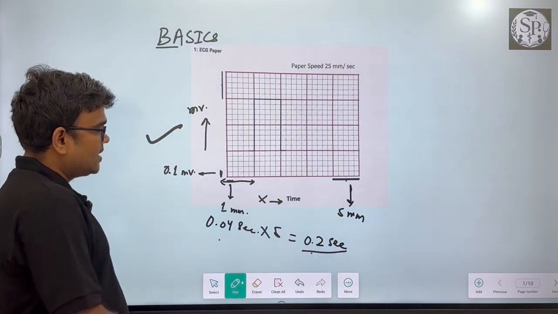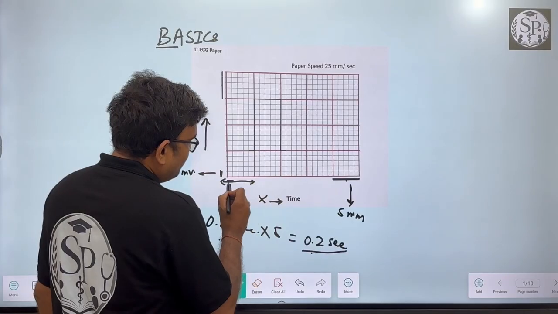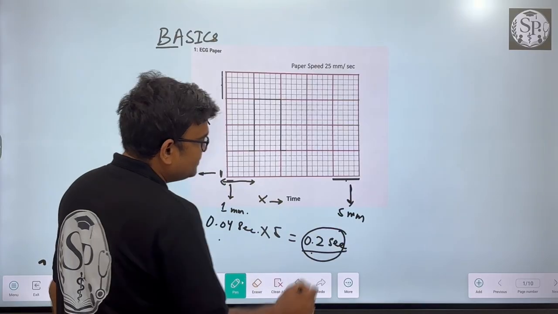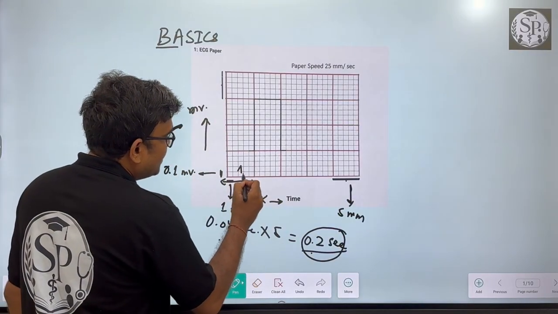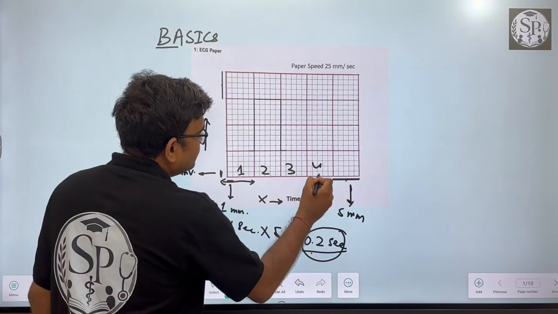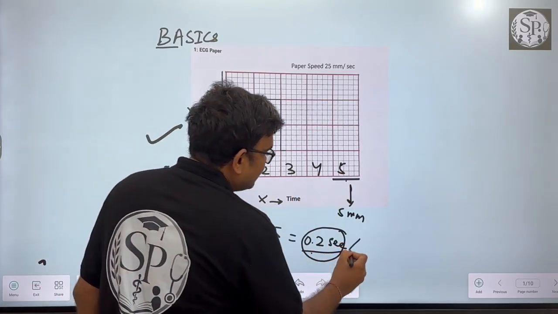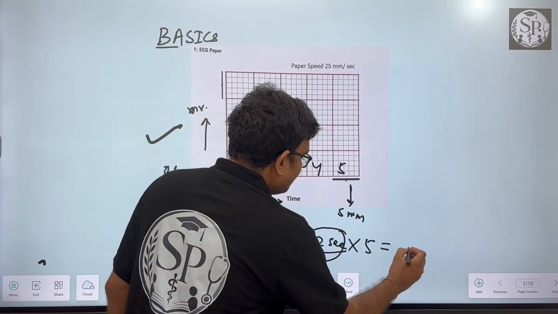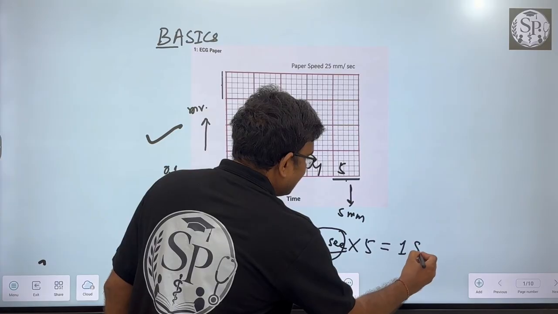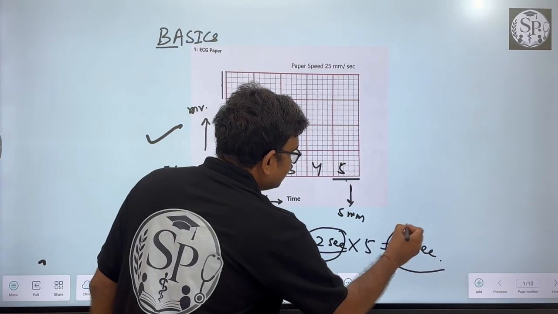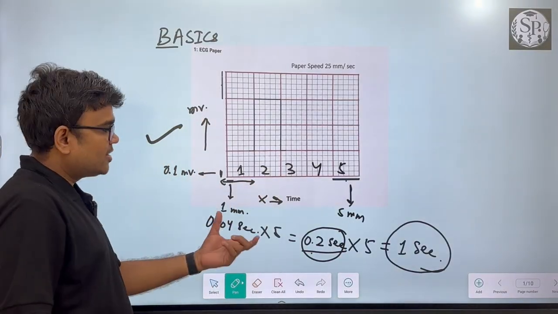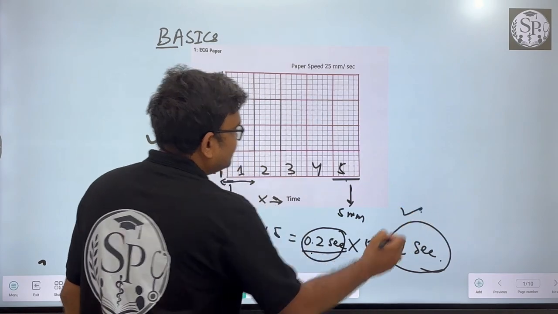So one large square is 0.2 second, and 5 large squares is 0.2 into 5, which is 1 second.